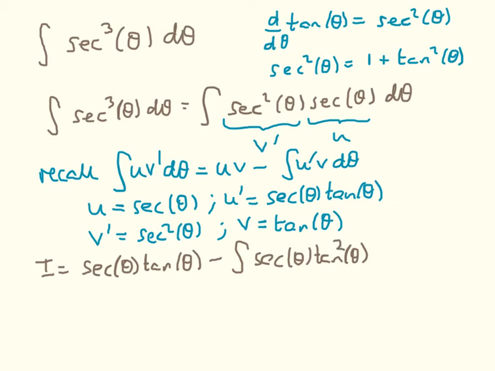We have a tan theta from the derivative and another tan theta from the integral, so we have overall sec theta times tan squared theta integrated with respect to theta.